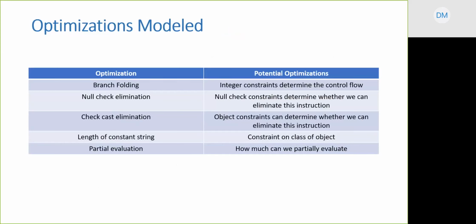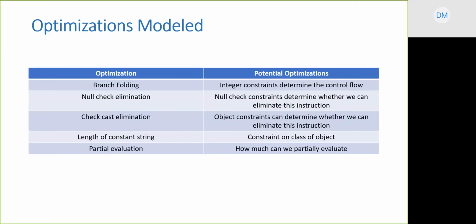That method summary is stored and is independent of the context of the call, right? You've interpreted that method in isolation, produced symbolic constraints in terms of symbolic parameters, and that will tell you there's a set of potential transformations that, if the constraint is satisfied, the optimization can potentially happen. It's not a guarantee, but it means the information should be there.